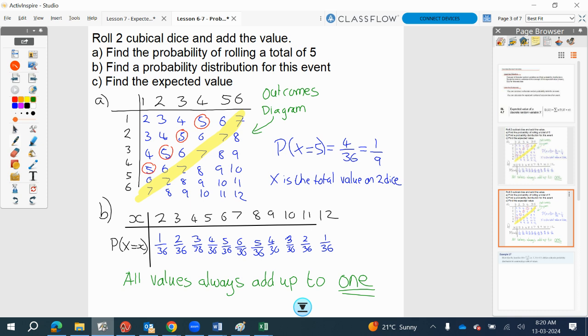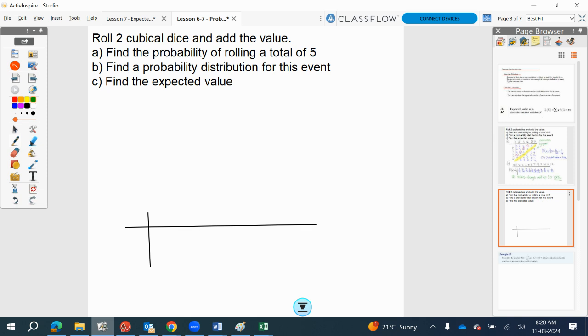Okay. Let's do C. So the answer for number B was 1. No, it wasn't an answer. That was an add-on question.